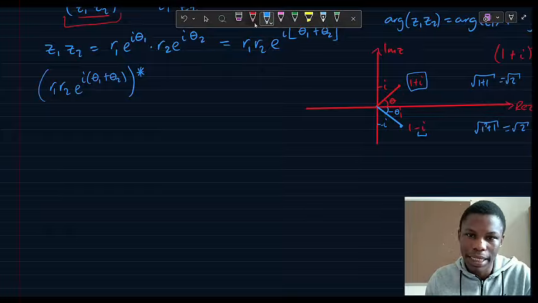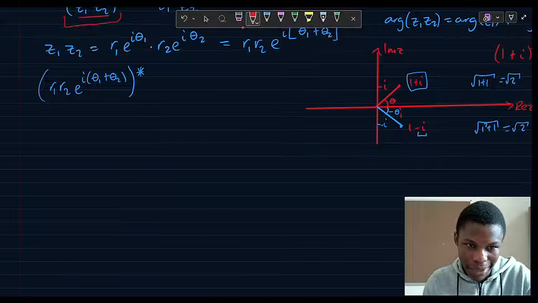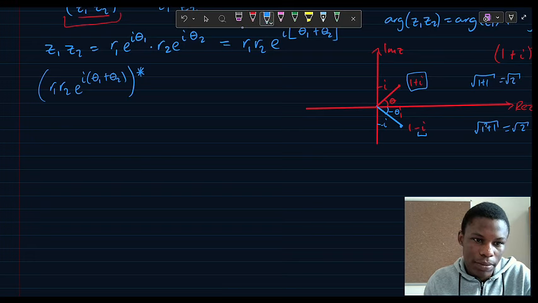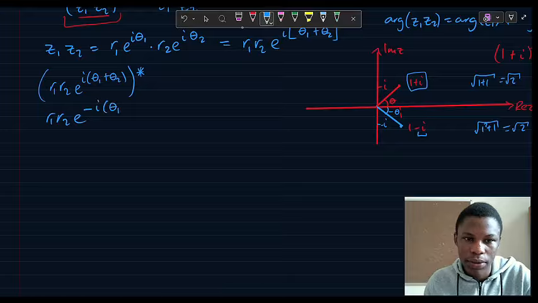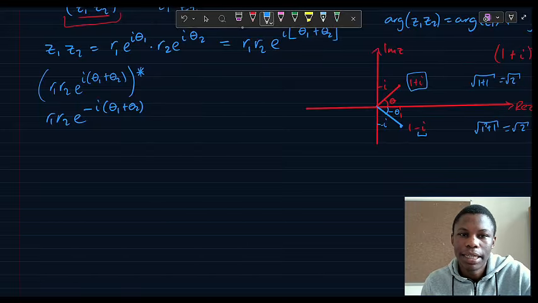So all we have to do to apply the conjugate here is make our argument negative. So this has to become R1 R2 e to the negative i (theta 1 plus theta 2), because here our argument is theta 1 plus theta 2.